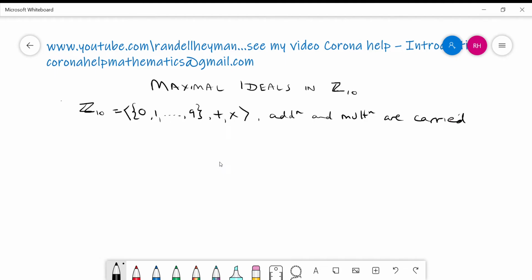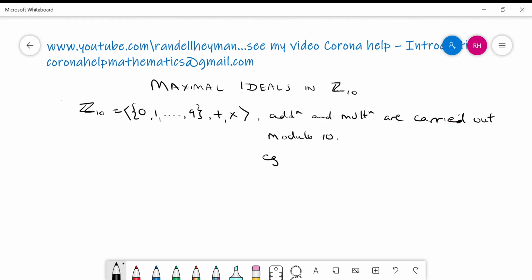So let's just recall that Z10 is the set 0, 1, 2, 3, 4 up to 9. That's that set. We have addition and multiplication, and we'll just say that addition and multiplication are carried out modulo 10.